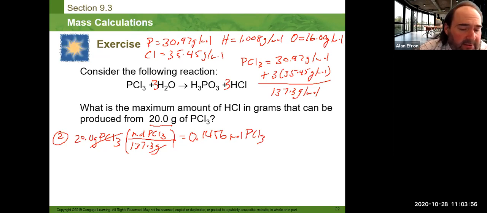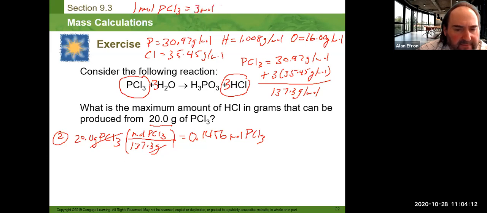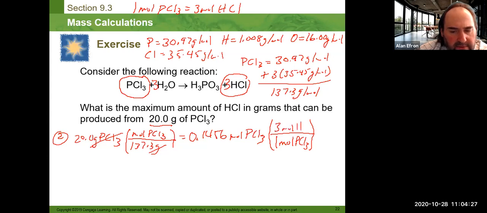That brings us really to the stoichiometry part. So obviously they gave us PCl3. We are looking for HCl. And again, from the equation, we can see for every 1 mole of PCl3, we get out 3 moles of HCl. That's going to give us our conversion factor that we need. Here we want to get rid of our PCl3, so it should go on the bottom, and up on top should go our 3 moles of HCl.